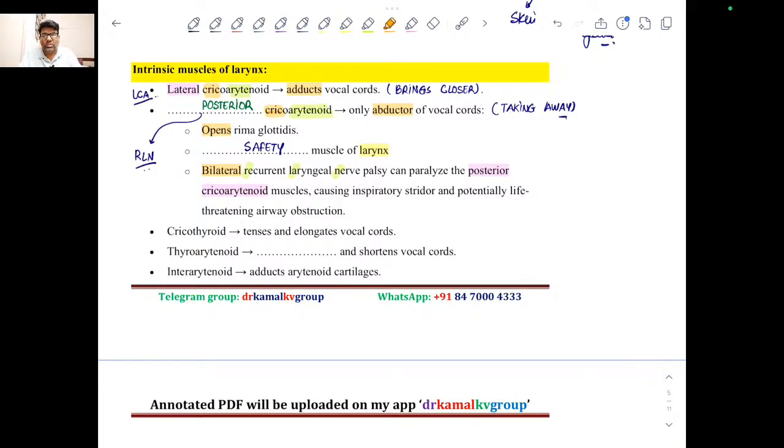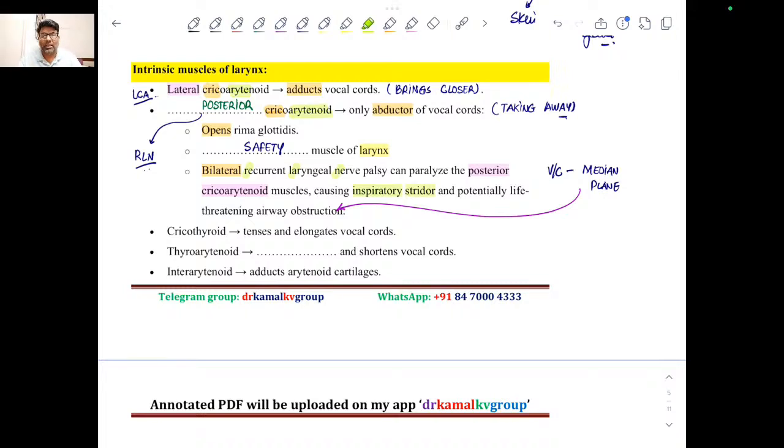Both the vocal cords will come to lie in the median plane. They will cause respiratory obstruction, and patient will come to us with inspiratory stridor.